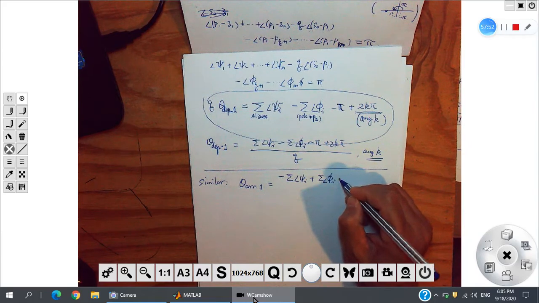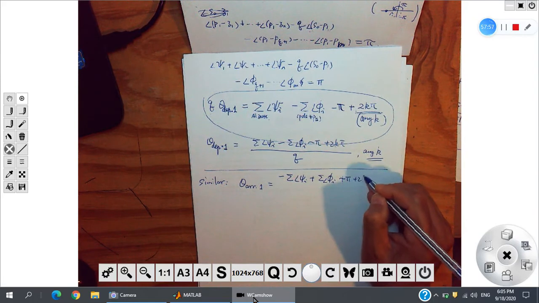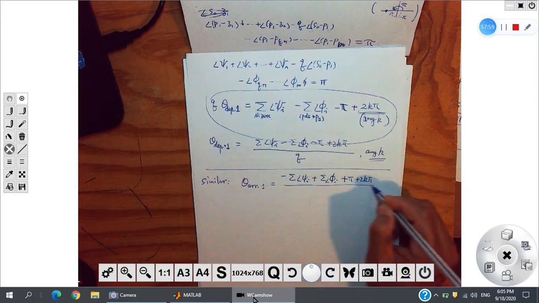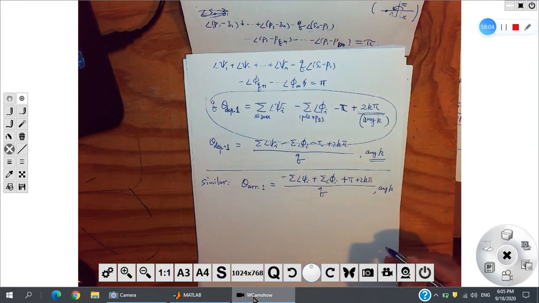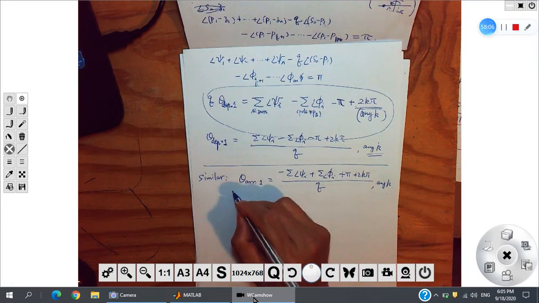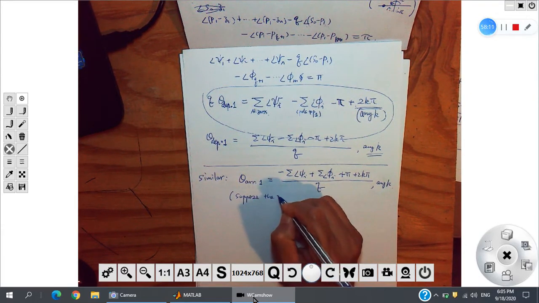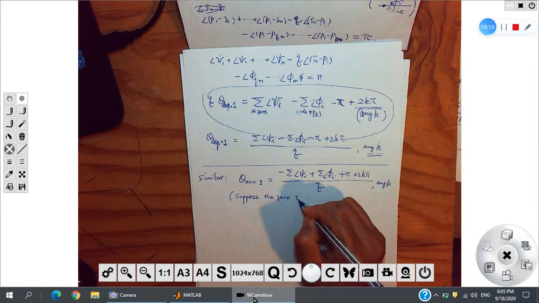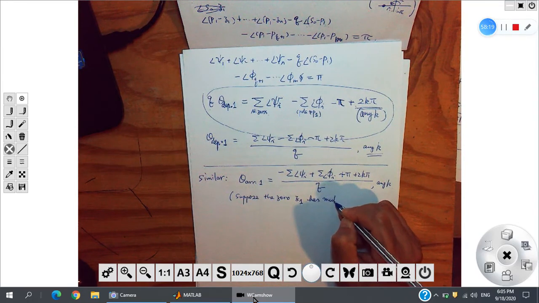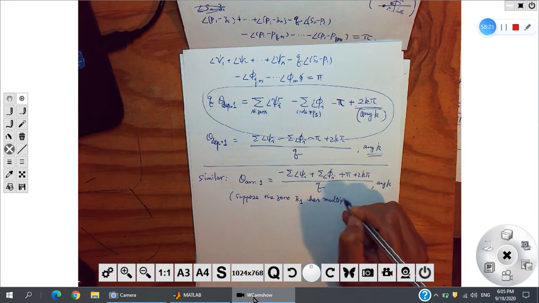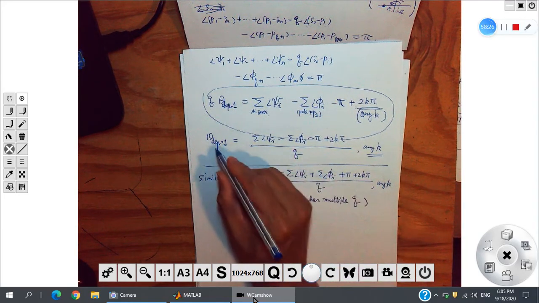I still use the same thing, right? This is minus and plus pi and 2k pi over q, for k in integers. Suppose the zero z1 has multiplicity q. Yeah, that one is all multiple q.